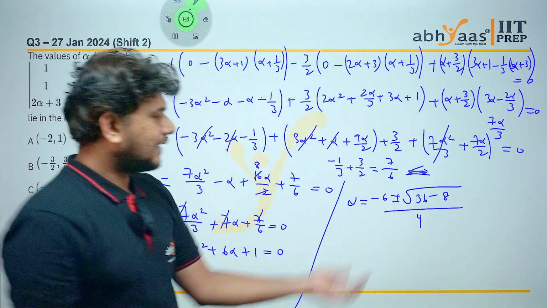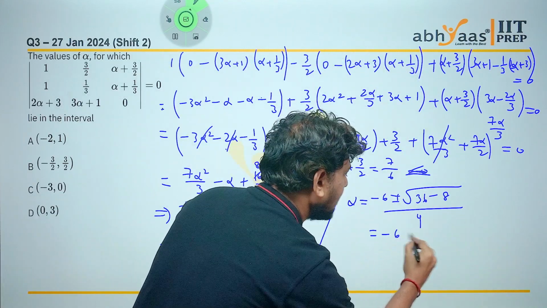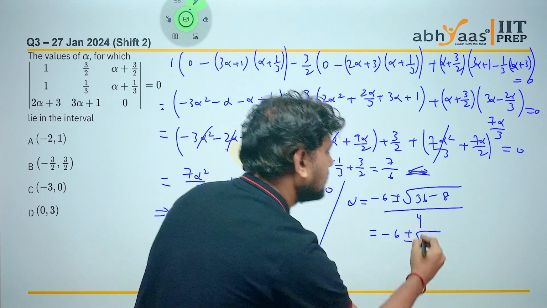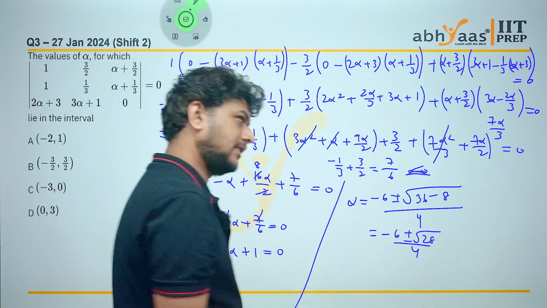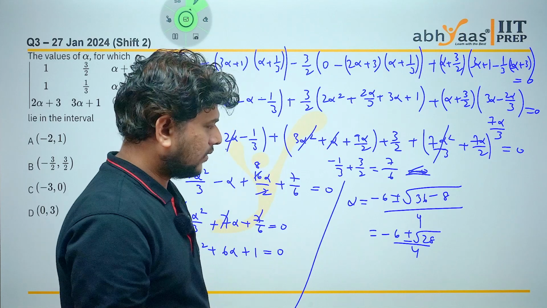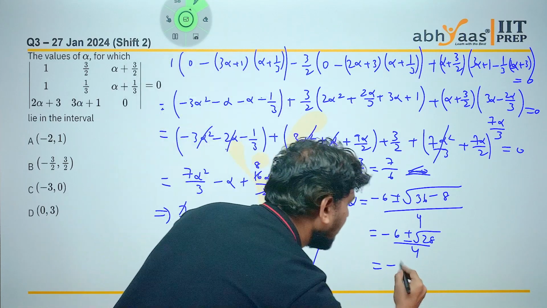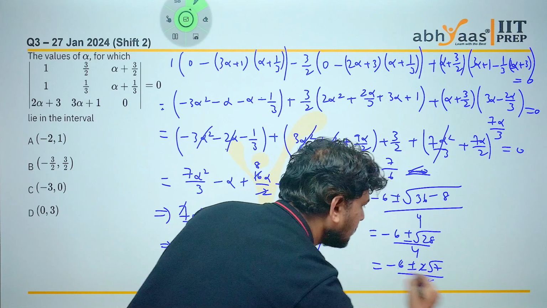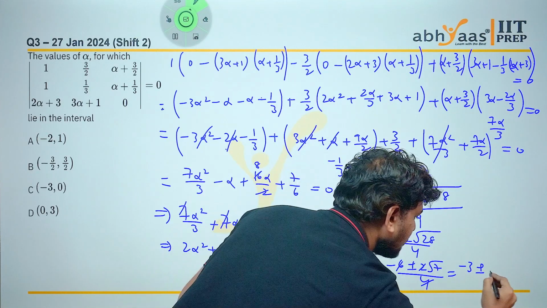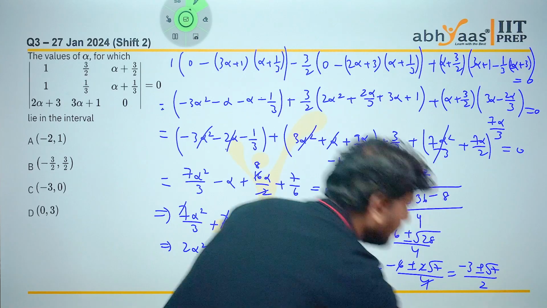So 36 minus 8, that is minus 6 plus or minus root 28 by 4. So 28 we can write as 4 times 7, so minus 6 plus or minus 2 root 7 by 4. That equals minus 3 plus or minus root 7 by 2.